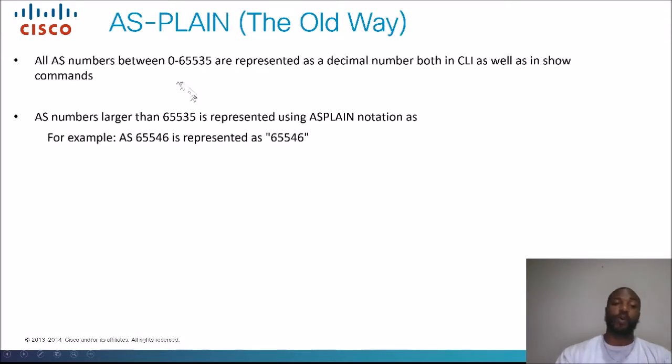So AS plain is the old way, from 0 to 65,535. This is represented as regular decimal numbers. AS1 is 1. AS2 is 2, so on and so forth, all the way to 65,535, right? That's the plain number way. It's just regular.